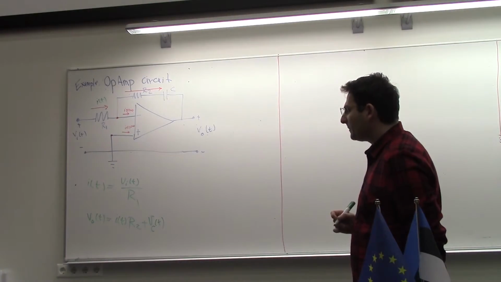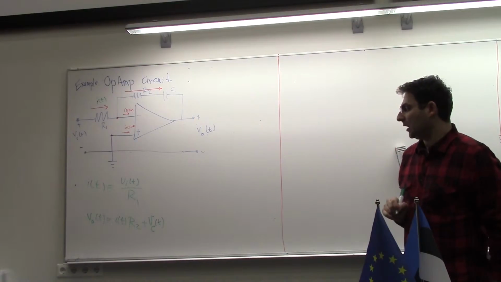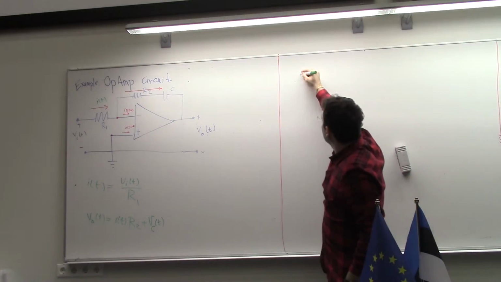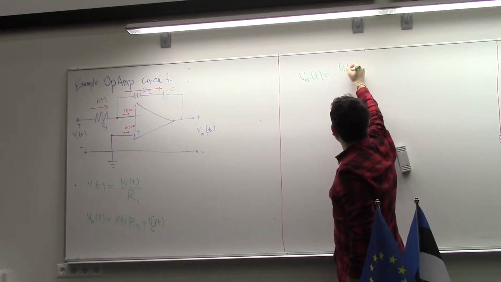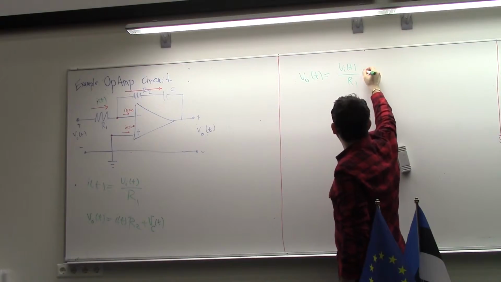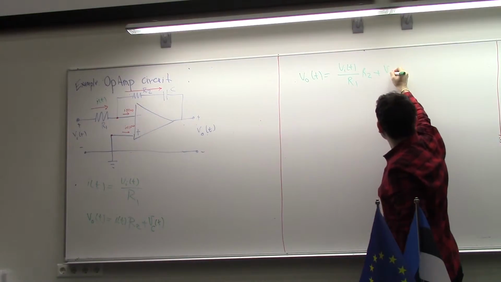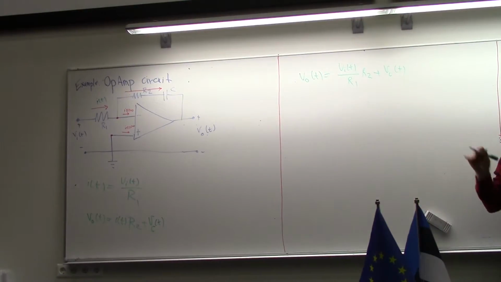So what I want to do is this actually. I am replacing I(t) with V_i(t) over R1. So I write V_o(t) is equal to V_i(t) divided by R1 multiplied by R2 plus V_C(t). And I find the derivative of both sides.